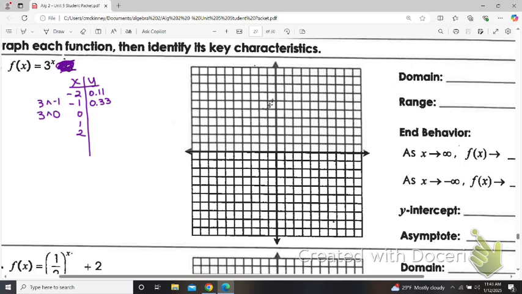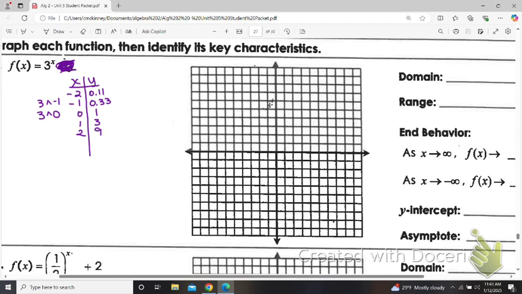Use that button, that caret. So anything to the 0 power is 1. This 3 is not being multiplied by anything, so it would stay a 1. 3 to the 1st power, 3. 3 to the 2nd power is 9.